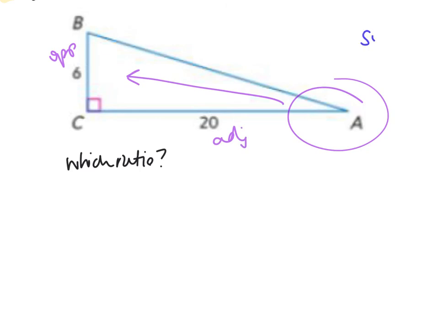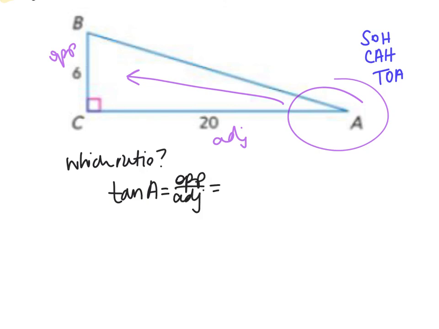Thinking of SOHCAHTOA, I know opposite over adjacent is in relation to tangent, okay? So I want to say the tangent of A equals opposite over adjacent, okay? Which, when we write that fraction out, we get 6/20, okay? So this is the ratio of our side lengths, okay? But now we want to find out this angle measurement A.